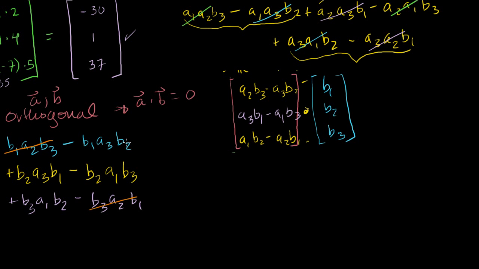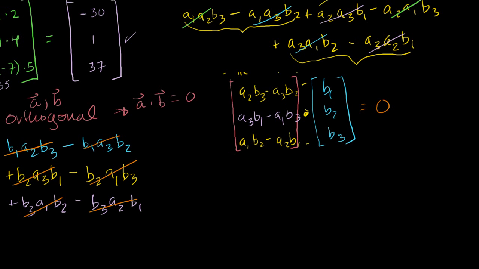This is a plus the same thing, right? That's just switching the order of the multiplication. These two are the same term. They're just opposites of each other. So they cancel out. And then finally, you have a B2, an A1, and a B3. It's a negative, and then you have a positive version of the same thing. So these two cancel out. So you see that this is also equal to 0.